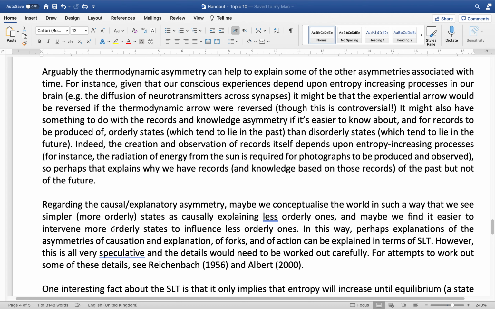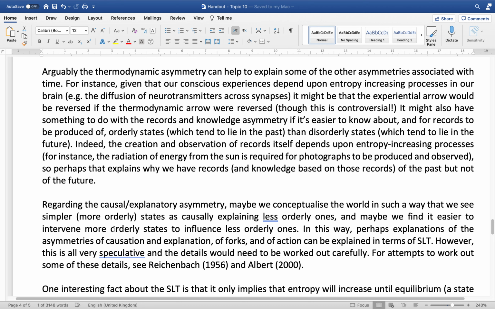Now, again, the state of the literature at the moment is rather speculative, so it's not been worked out in very much detail, has to be said, but they've provided hints about how these explanations might go.